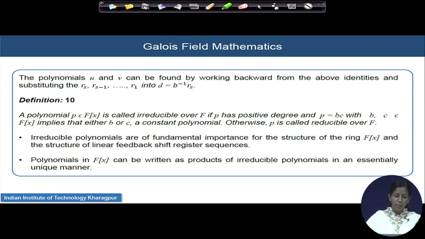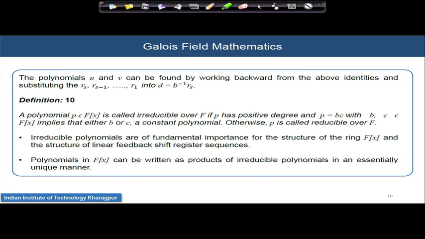These irreducible polynomials are of very fundamental importance when we discuss code generation through the LFSR, linear feedback shift register architecture.